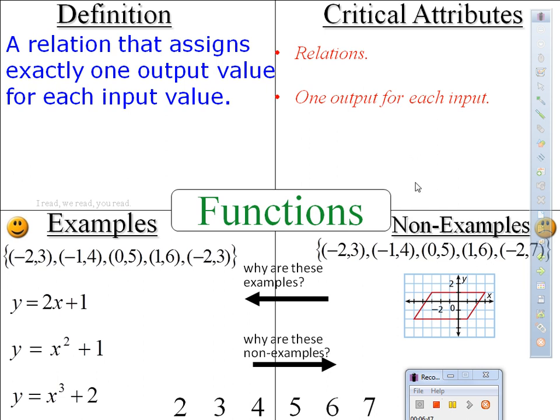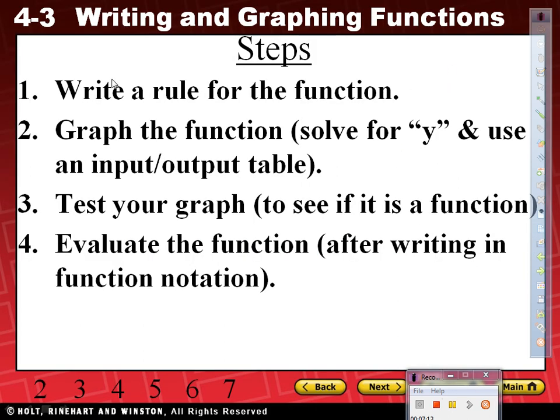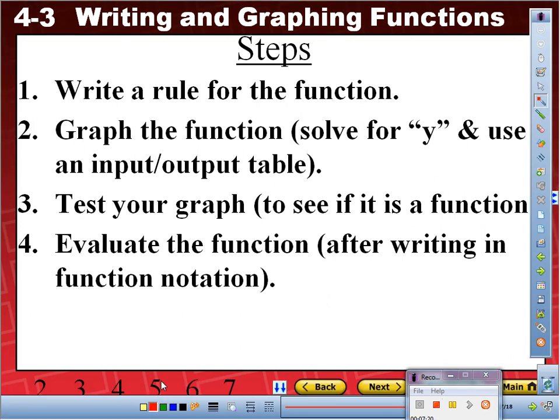Okay? So, now back to our steps. We have our steps already, right? Step 1, write a rule for the function. Let's circle and underline the steps so it can be easier to memorize. Step 1, write a rule.